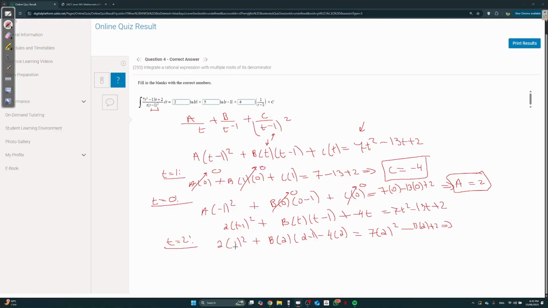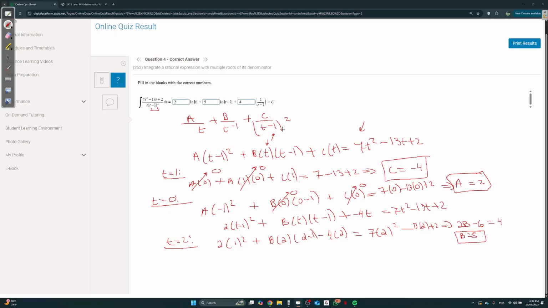So you're gonna get 4 plus, okay, let me do the b first. This is 2b. Here you get negative 8. Here you get 2 minus 8 is negative 6, so minus 6 equals, here you have 28 minus 26, that's 2 plus 2, 4, so you get b is equal to 5.